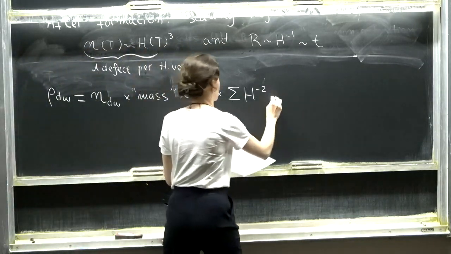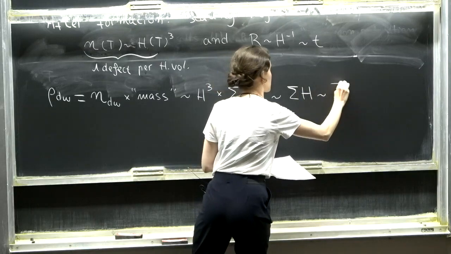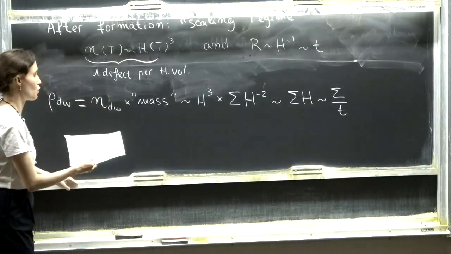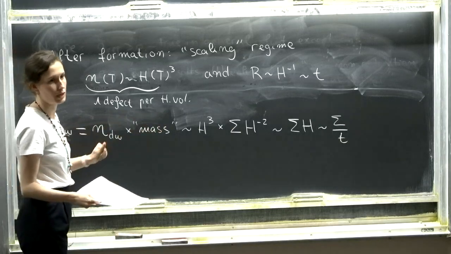So we end up with something of order sigma times Hubble, and Hubble is 1 over t. So we end up with an energy density in domain walls that dies off as 1 over t, okay, as the universe expands.